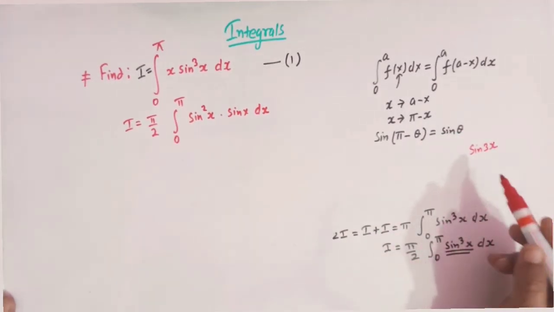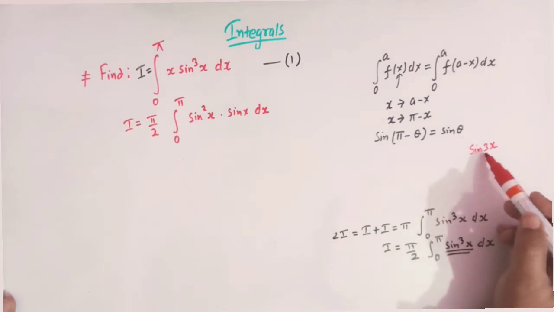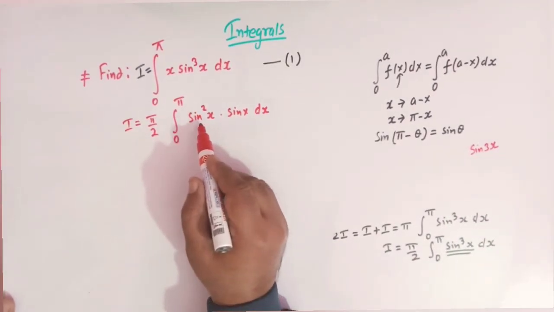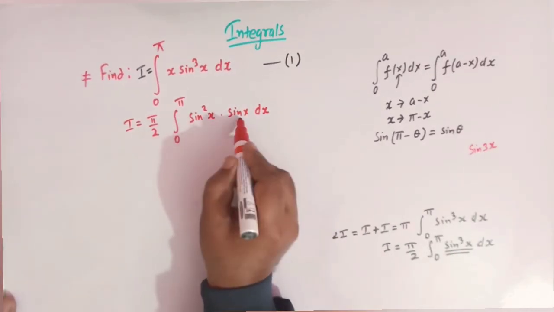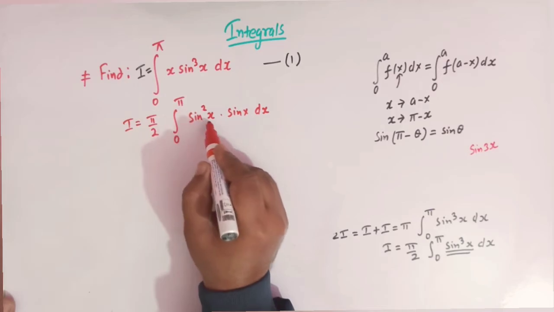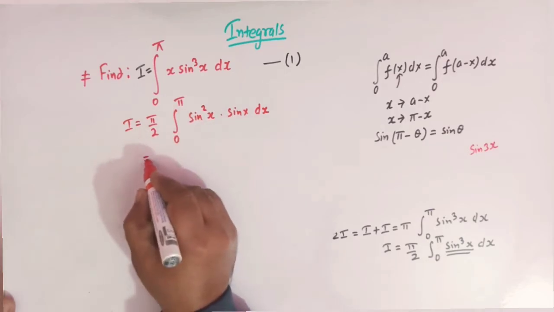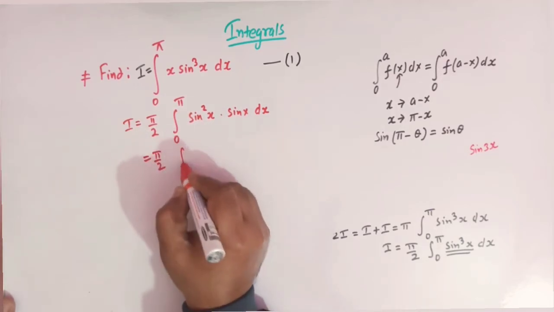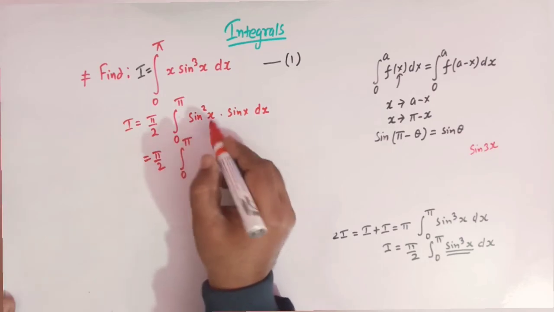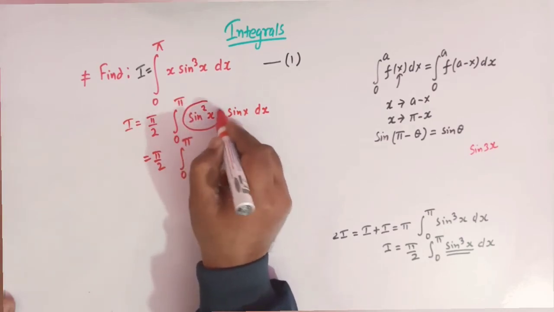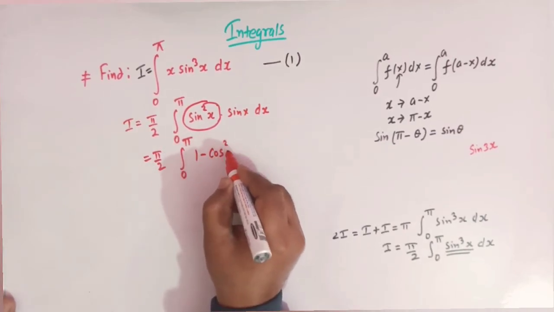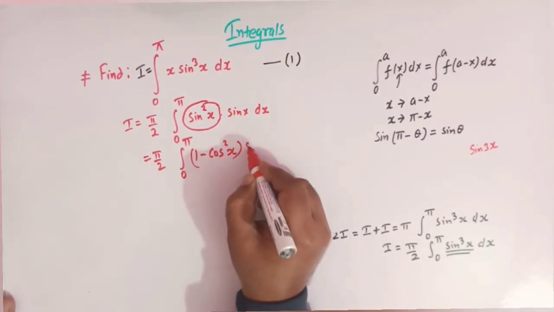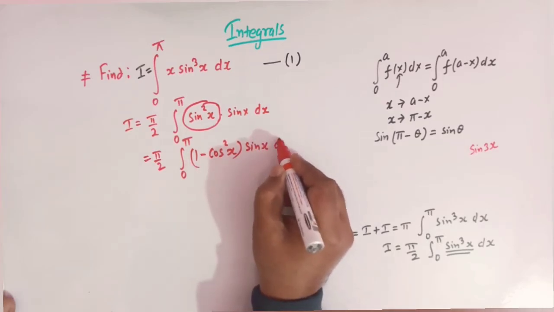But here we are not using the identity for sine 3x. Instead, what we will do, will break sine cube x as a product of two terms, that is sine square x and sine x, right? So now we have pi by 2 here. This is 0 to pi, and sine square x can be written as 1 minus cos square x, right? Okay, so now we have this integral.